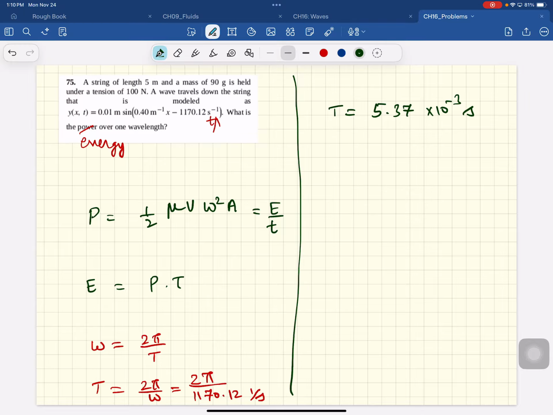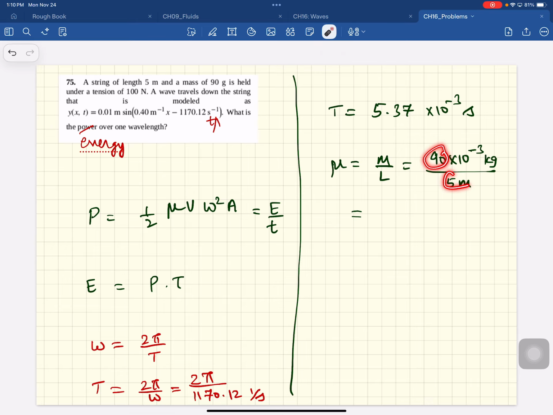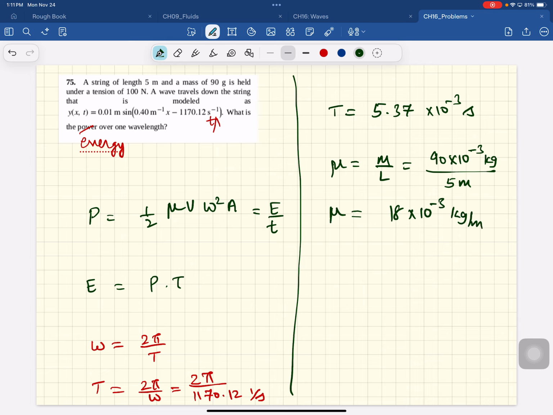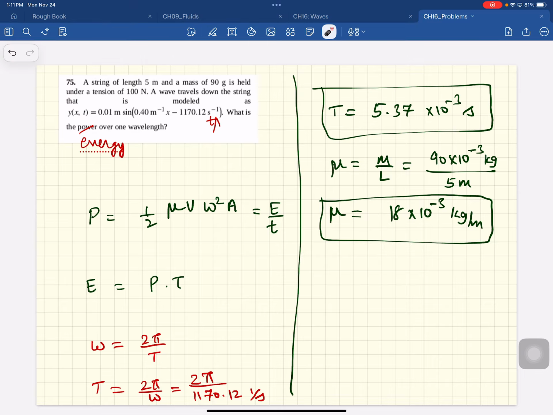Let's calculate mu. Mu is mass per unit length, and mass is 90 grams, which is that many kilograms for 5 meters. So this is 18 into 10 to the minus 3 kg per meter. That is mu. We need the wave velocity.